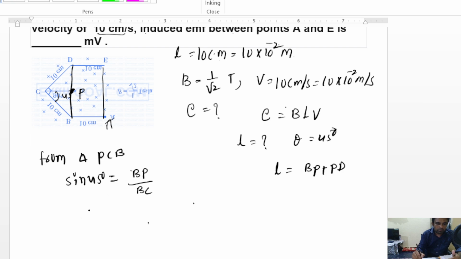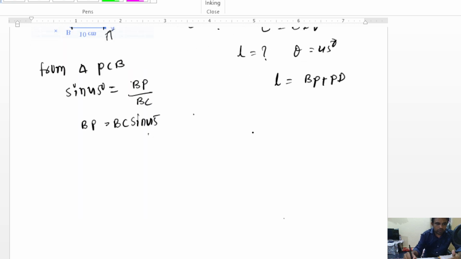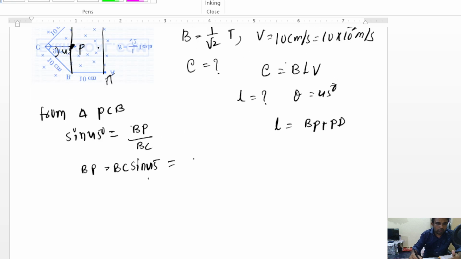So BP is equal to BC sine 45. From the figure, BC value is 10 centimeters. So 10 into sine 45, which is 1 by root 2, so 10 by root 2.